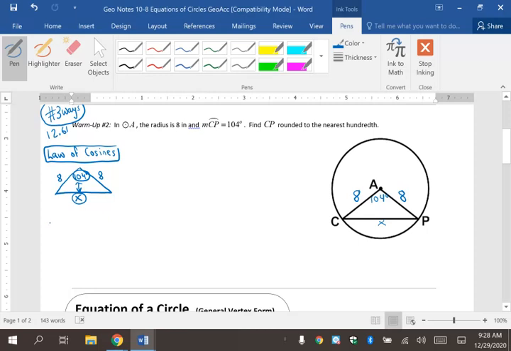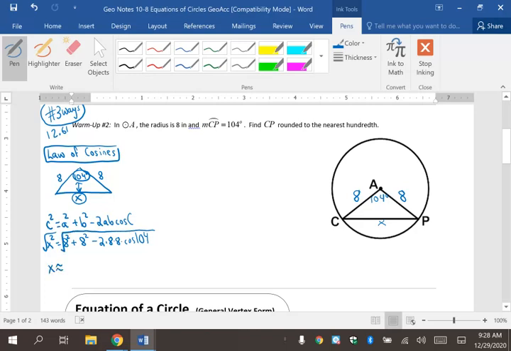So we'll write down the formula. C squared equals A squared plus B squared minus 2AB cosine C. And so we have x squared equals 8 squared plus 8 squared minus 2 times 8 times 8 times cosine of 104. Put this all in your calculator under the square root.